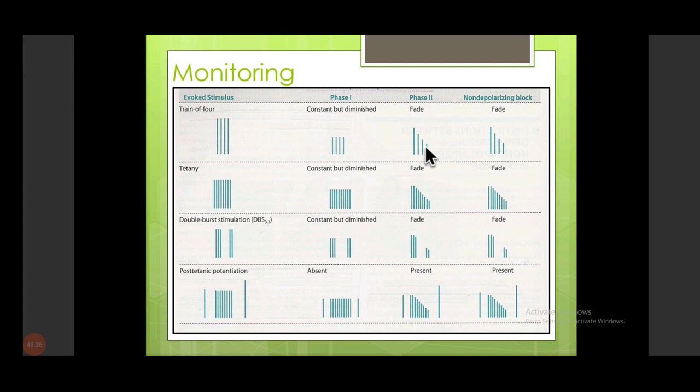So even despite the presence of an agonist, the response would be diminished, as seen in this diagram, a fade, which is seen in phase 2 block. Non-depolarizing blockers are similar to phase 2 of the depolarizing blockers. Again, a fade would be seen because in the presence of a blocker, ACh cannot act, and even if you try to stimulate the muscle junction, it wouldn't be able to depolarize, equivalently giving rise to a fade.